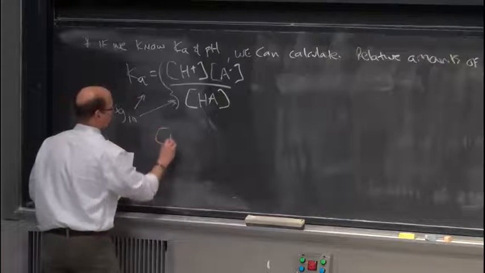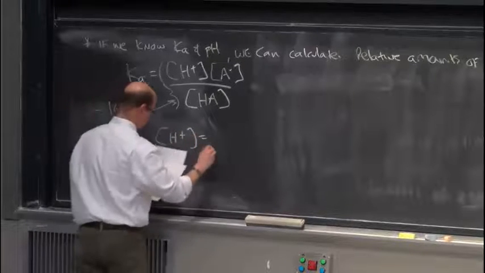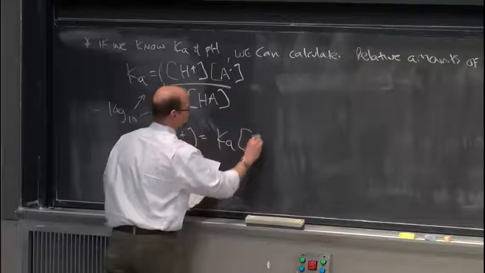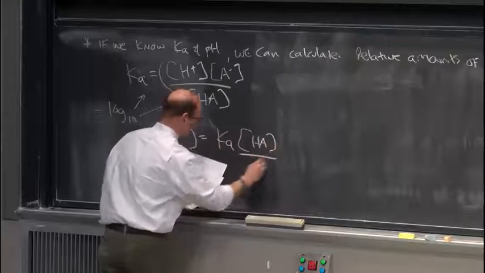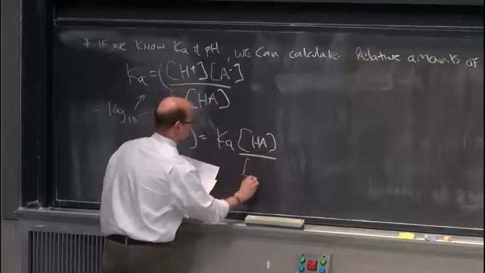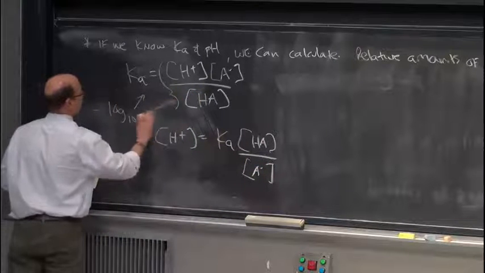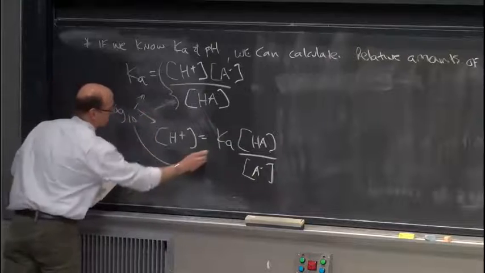The proton concentration is equal to Ka times HA divided by A minus. And now I'm going to take the minus log 10 of this.